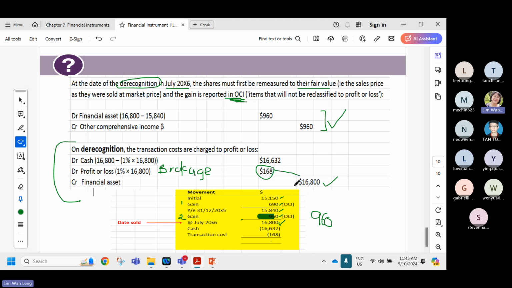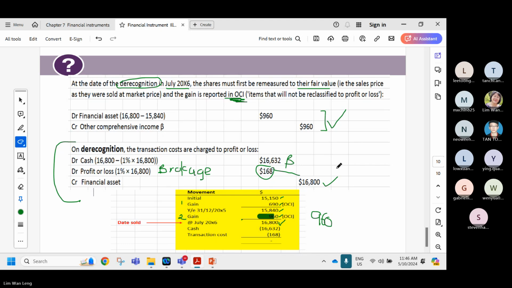So in other words, 1% of 16,800 will become 168. So the net that you are going to receive in cash, after the brokerage charges, is 16,632.